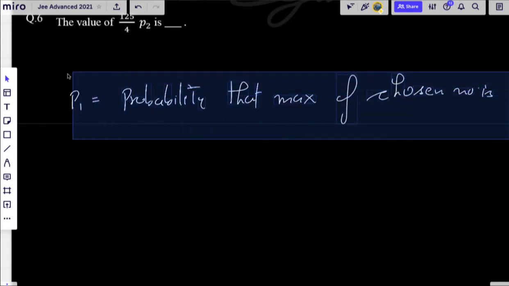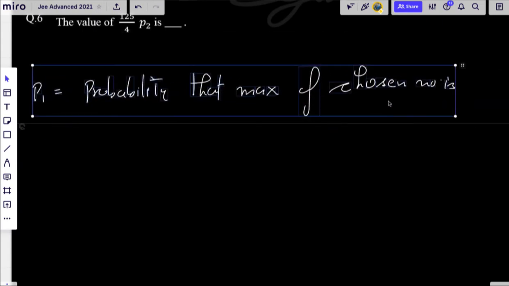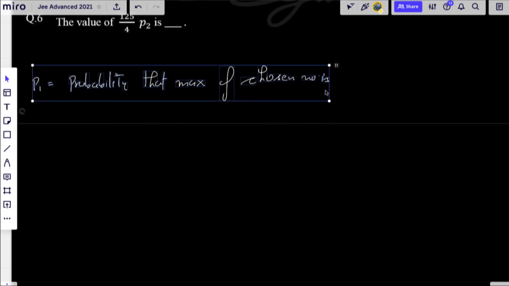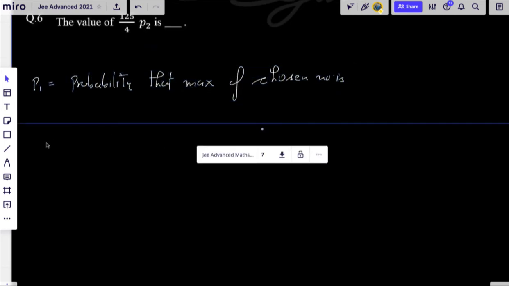So the maximum number chosen is, let's say, 81.